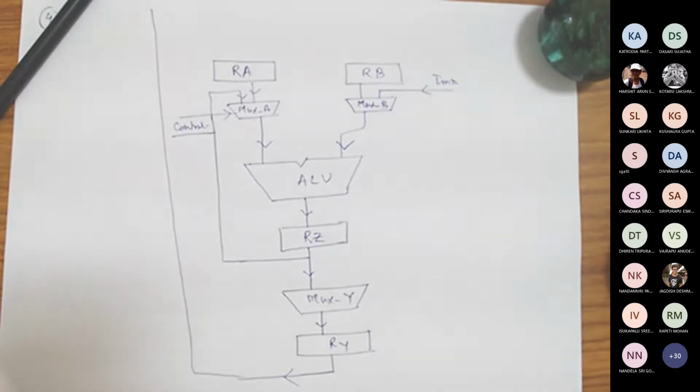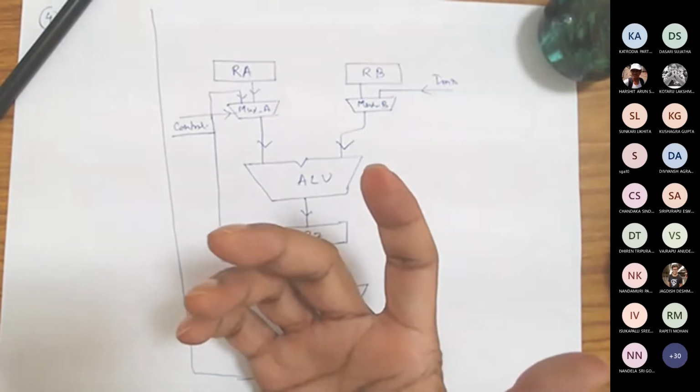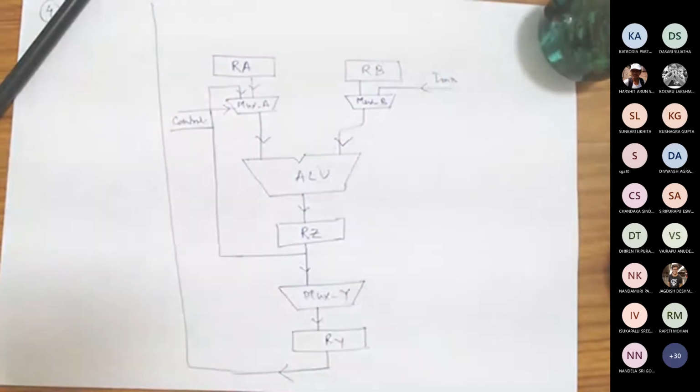Just by checking the destination register ID of the previous instruction and the source register ID of the next instruction, if they are matching, there is a possibility that this multiplexer can be activated.